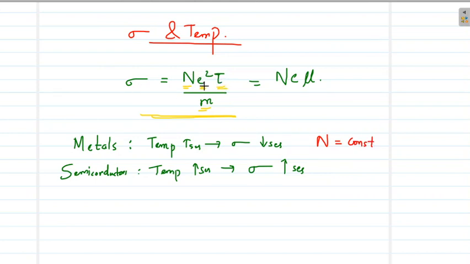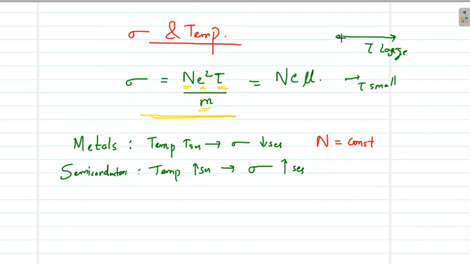Tau is the relaxation time, or tau is the time period between collisions, somewhat like the average time period between collisions. So if an electron is able to move freely without colliding, tau will be large. But if an electron is facing collisions at a short distance, that means tau will be small.